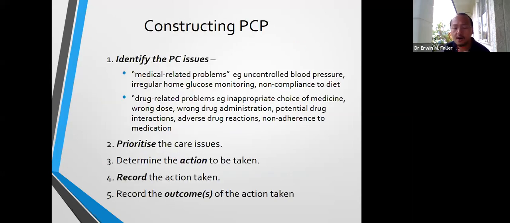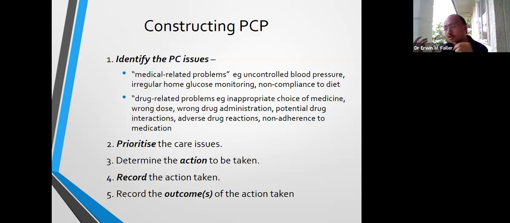And this is how we discussed some of the drug-related problems relating to drug therapy, and how we are able to resolve such problems. So this particular pharmaceutical care plan is our advice to healthcare providers and also to our patient.